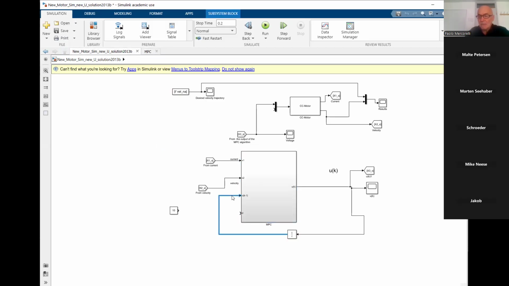Last time, I don't know if you remember, this was not connected. Here it represents U k minus 1. This means U delayed by one sample.